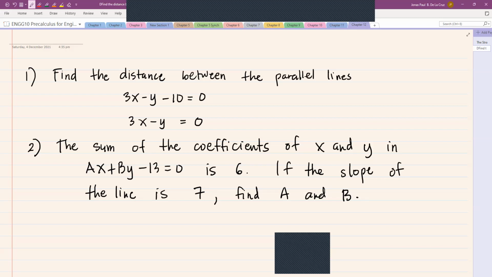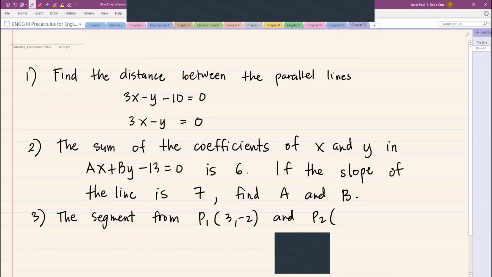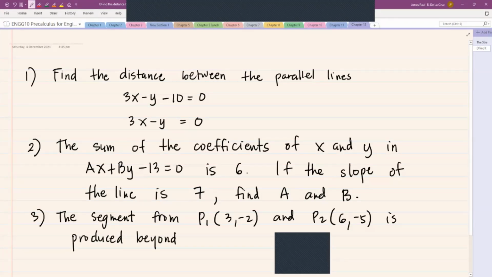And then, siguro isa sa chapter 11. Dito sa division of line segment: the segment P1P2 is produced beyond P1 to P0 so that P0P1 equals 5/3 of P1P2.